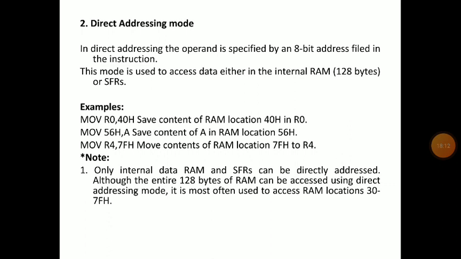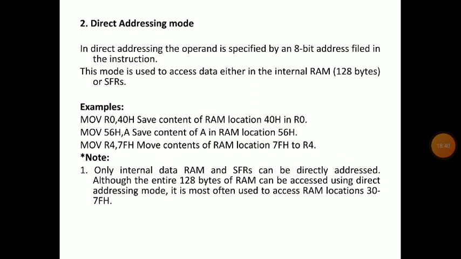Examples: MOV R0, 40H saves the contents of 40H in R0, MOV 50H, A saves the content of A in RAM location 50H, and MOV R4, 7H moves the contents of RAM location 7H into R4.